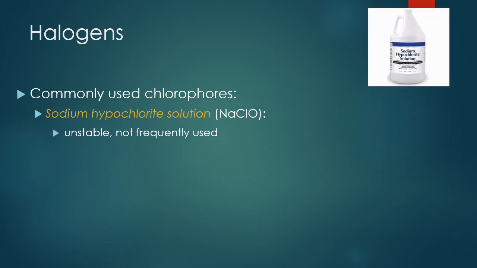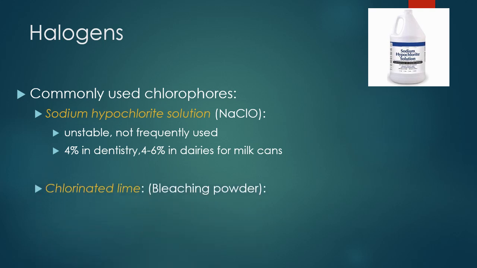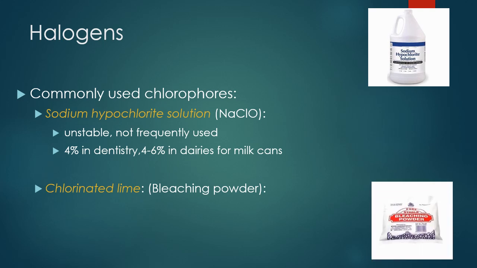As such, it is unstable, so not frequently used, but at concentration of about 4%, it is used in dentistry for root canal therapy. And at concentration of about 4 to 6%, it is used to disinfect milk cans and other equipments in dairies.